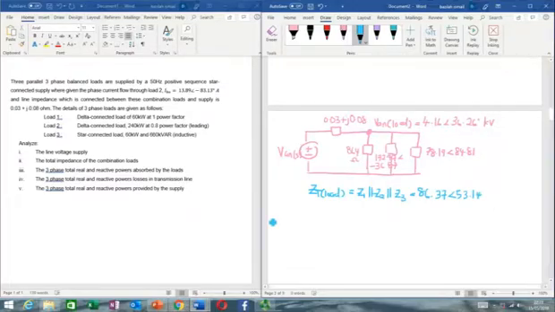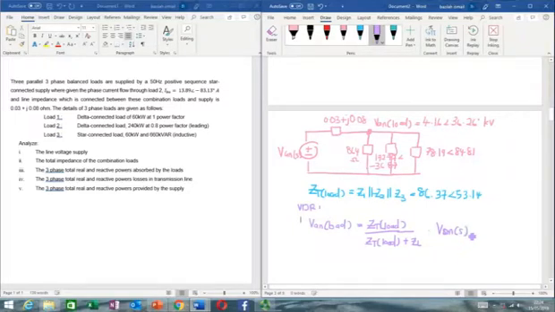So now we can calculate using VDR. To calculate VAN load, we take Z total load divided by Z total load plus Z line, then multiply with V supply.